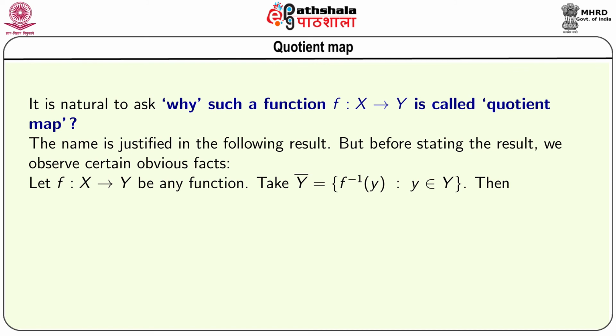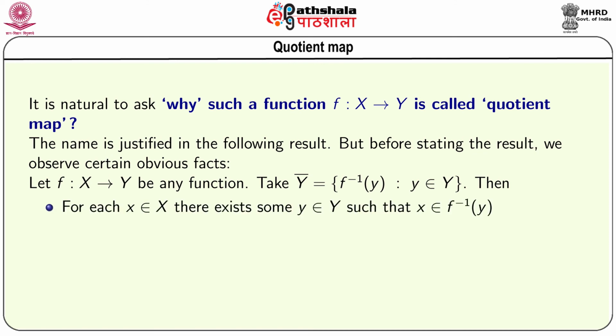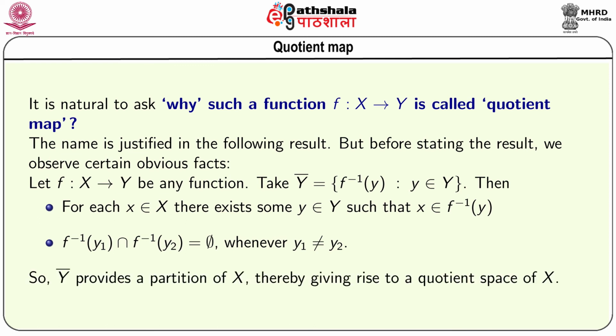Take Y bar as the collection of f inverse y, y belonging to capital Y. Then for each x belonging to capital X, there exists some y belonging to capital Y such that x belongs to f inverse y. And secondly, f inverse y1 intersection f inverse y2 is empty whenever y1 is not equal to y2. So, Y bar provides a partition of capital X which gives a quotient space of capital X.